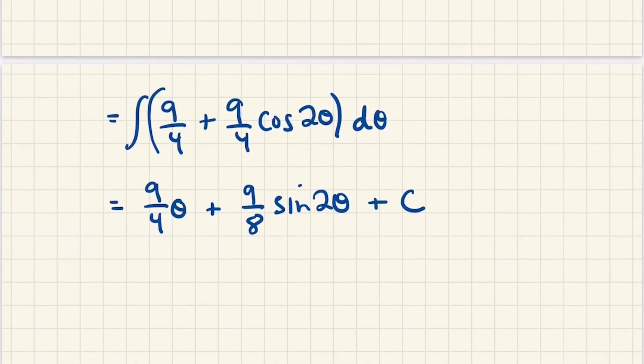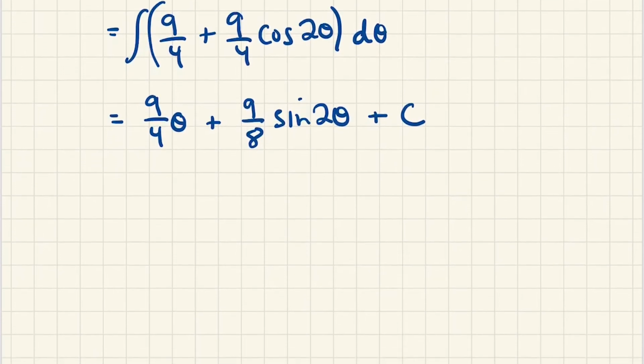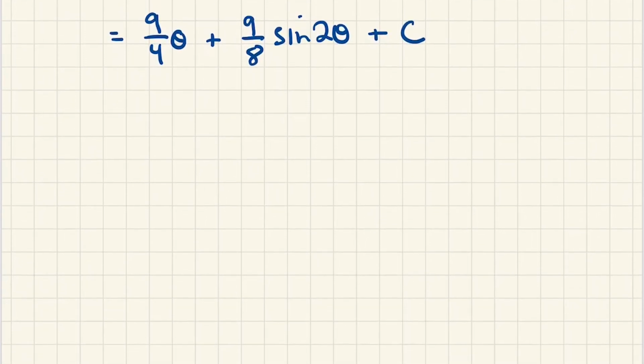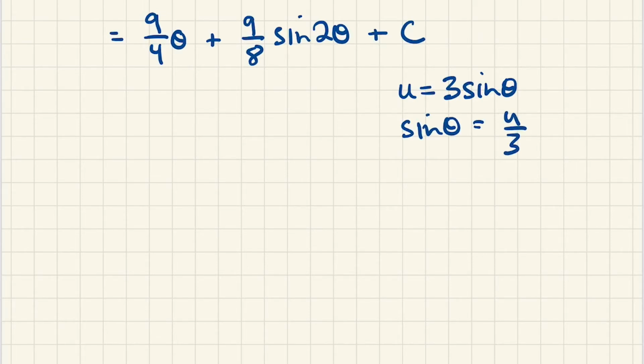All right, but we need to convert back over to x's, actually through u, right? So we know from our substitution that u is equal to 3 sine theta. Okay, so sine of theta is u over 3.